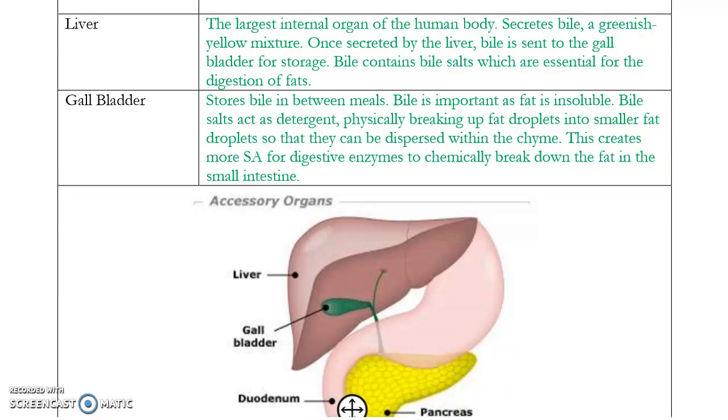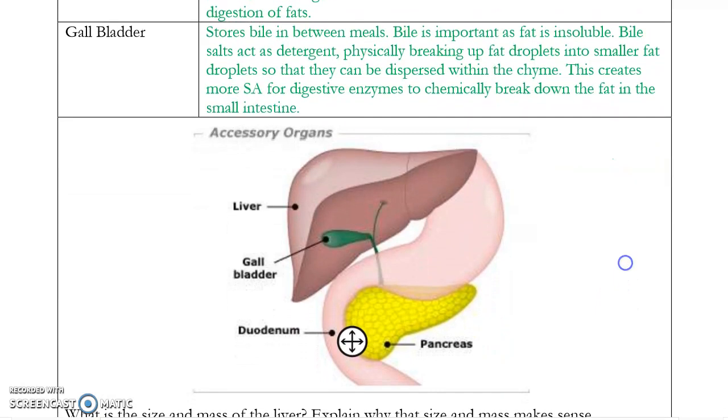So here's a small explanation in simplistic words of how bile helps to digest fat. Because fat is insoluble, so it is not soluble in our blood or in the liquid in water. So if any of you know how detergents work, bile works by surrounding the fat, right? So it physically breaks the fat droplets into smaller pieces, and then they can get dispersed in the chyme.